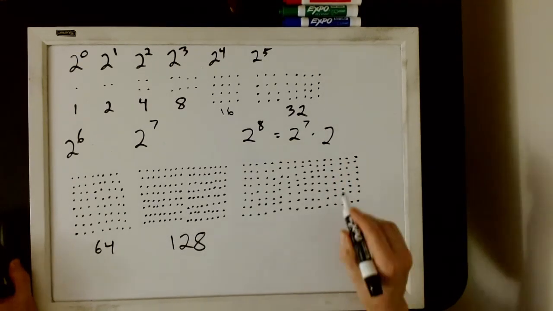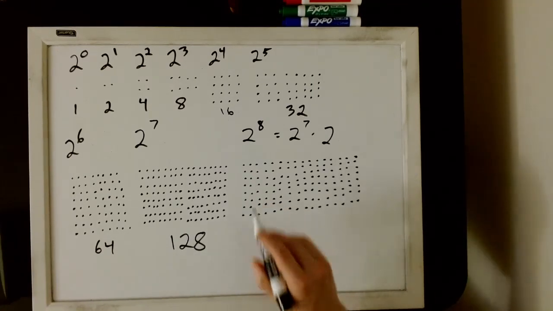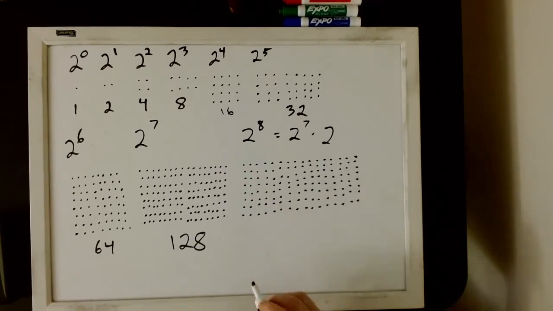That is our 128. And then we have a second group of 2 to the 7th power.